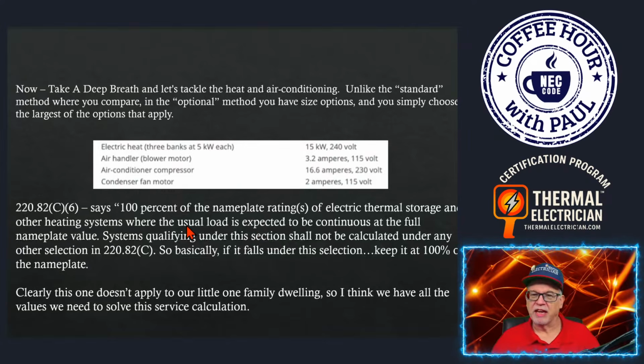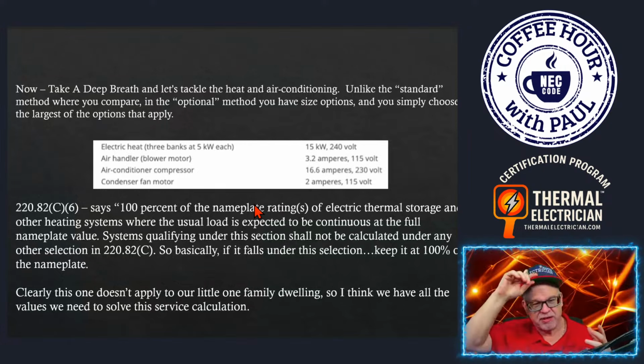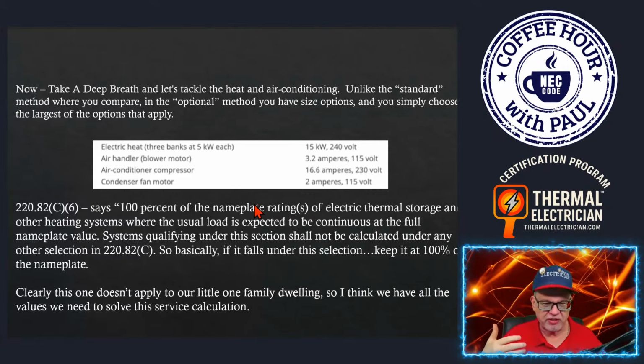All right, so the last one is C6, and this is you're dealing with one of those electric thermal storage or other type of unique underground geothermal type of heating systems. I've only dealt with, I think, one. Well, I would say two, but one, there was a specialist that was doing that for the guy, and I didn't really have to do anything. He told me what circuits to bring.